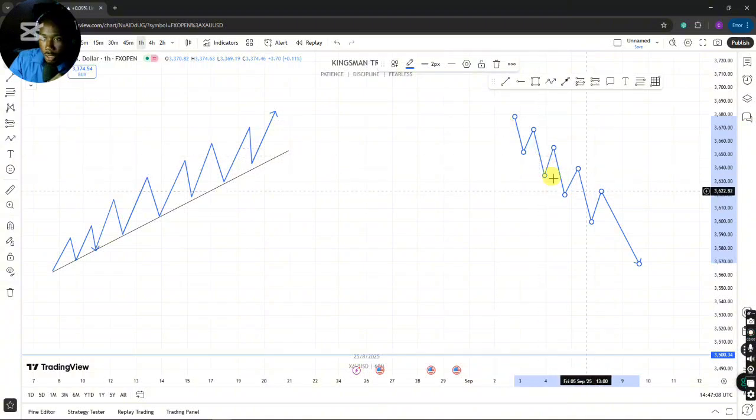In this kind of market, you want to be looking for sell setups, short entries, so that you're trading in line with the structure of the market. You don't want to trade against the structure.